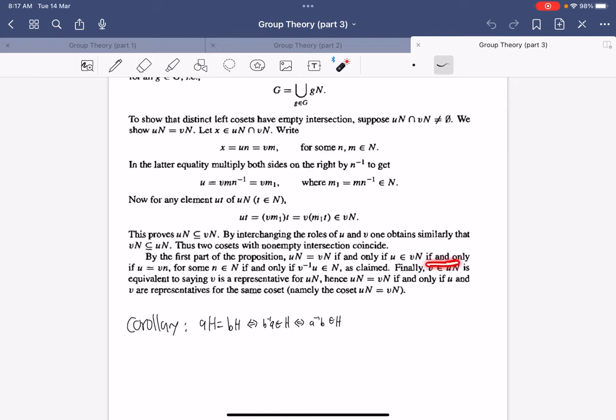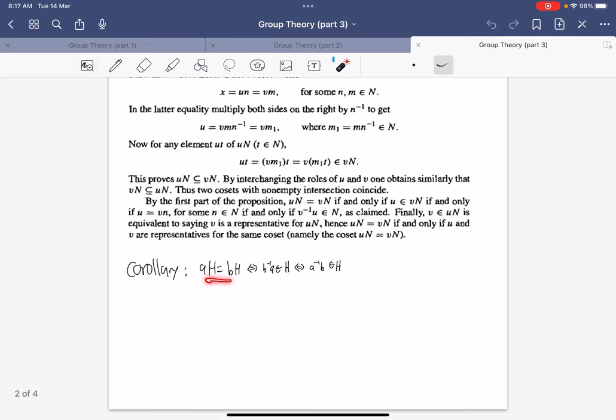This means that u equals vn for some n, or you can just say that v inverse times u is an element of N. These are all equivalent statements. So it doesn't matter which candidate you choose as a representative of the coset. What you want to say is that if two cosets are the same, it means that b inverse times a is an element of H.